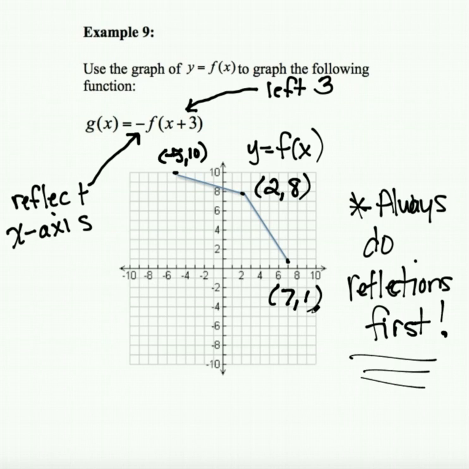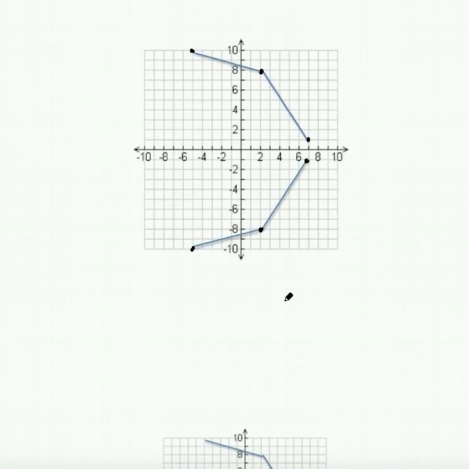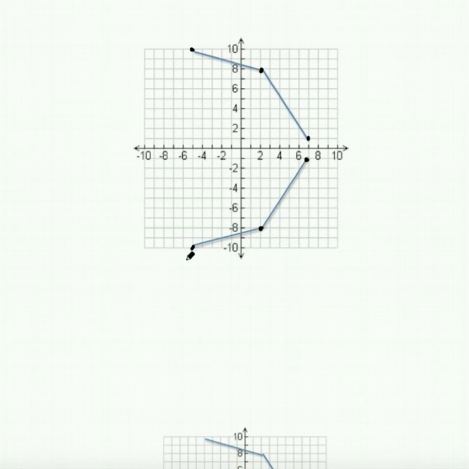I went ahead and made the graph for us, so let's look at what that looks like. Again, just to show you the points: this point right here was negative 5, 10, this point was 2, 8, and this point here was 7, 1.